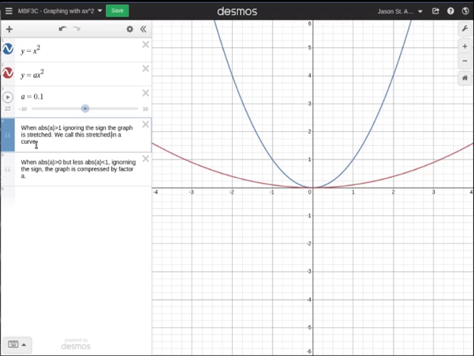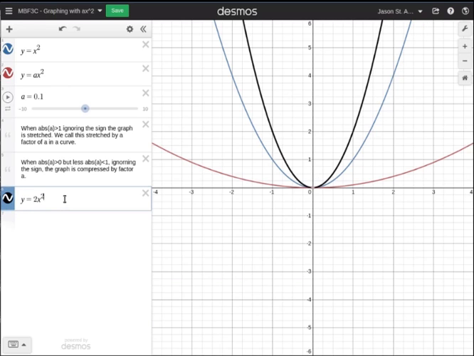All right? Now, if we take a look at the stretch, we say that the graph is stretched by a factor of a. So, here's an example. Suppose I am looking at y is equal to x squared and y is equal to 2x squared, right? So we have that black graph there.